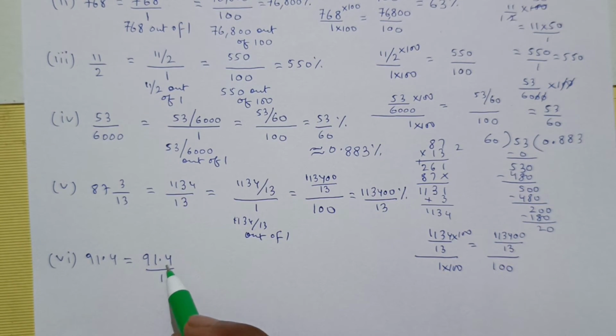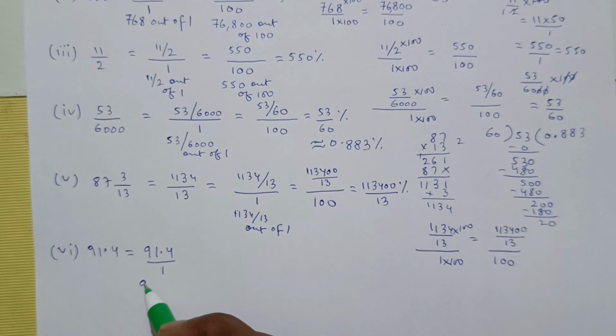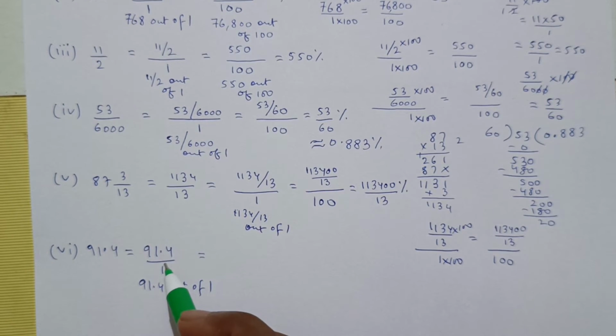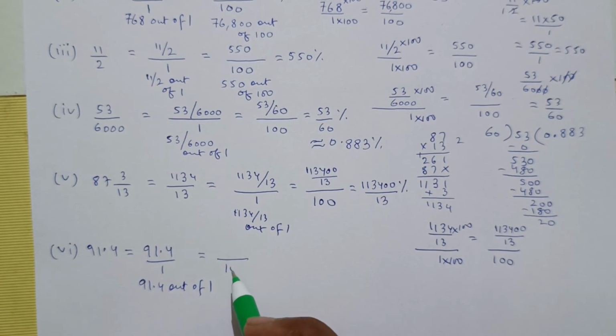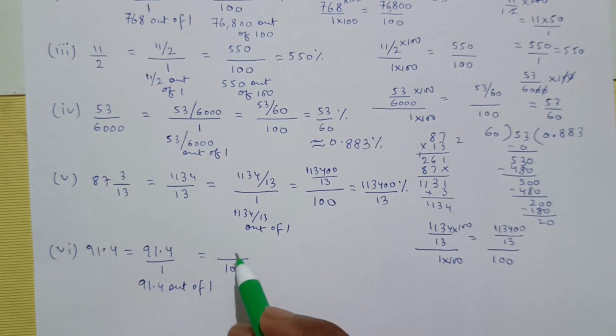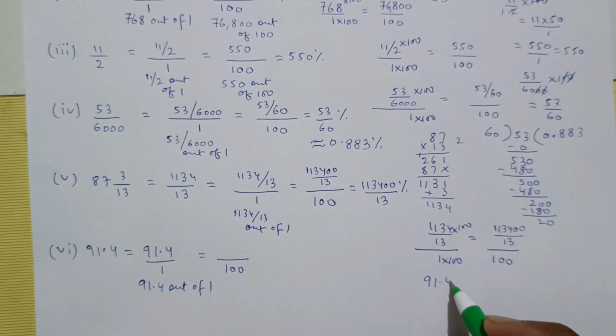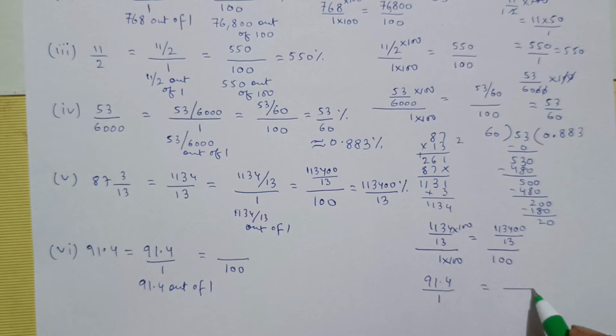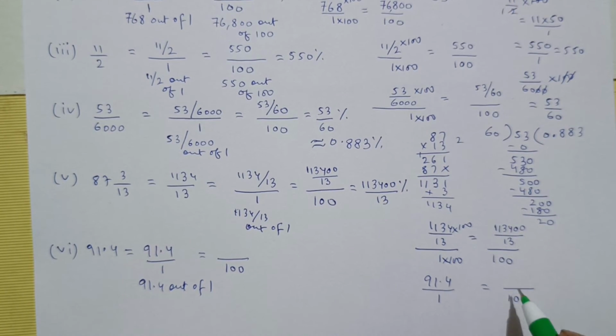Now 91.4 by 1 means 91.4 out of 1. For percentage, the value should be out of 100. So how much out of 100? So let us solve this. This is a question of equivalent fractions. So 91.4 by 1 is equal to how much out of 100?